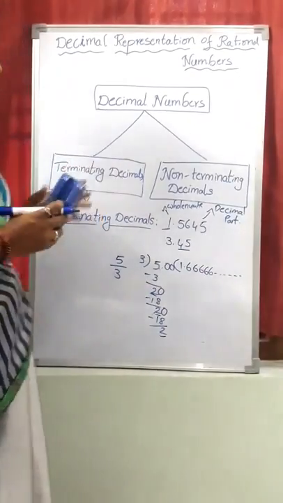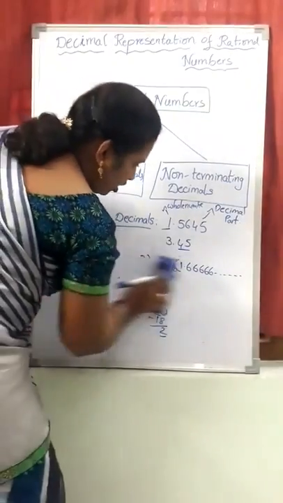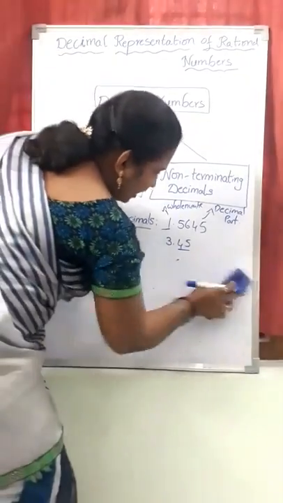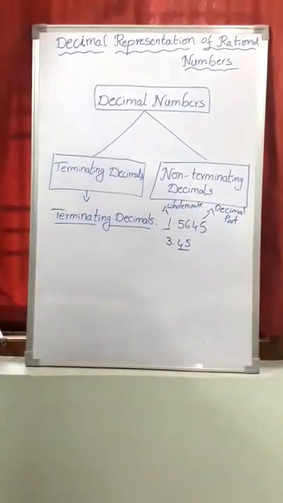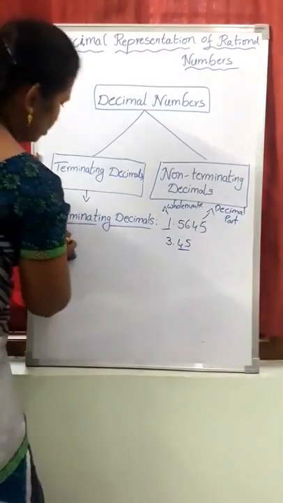Okay, and these non-terminating decimals are also again classified into 2 types. Okay, let us see what are those.